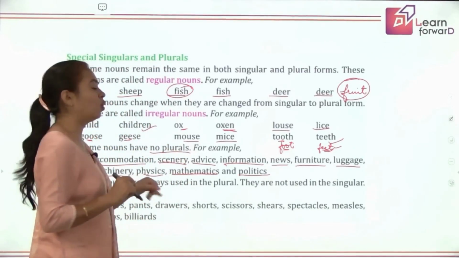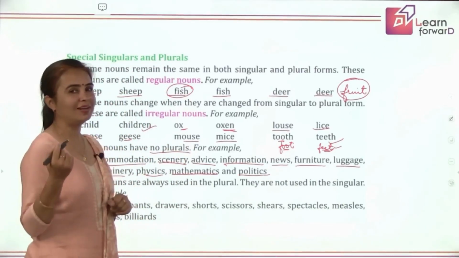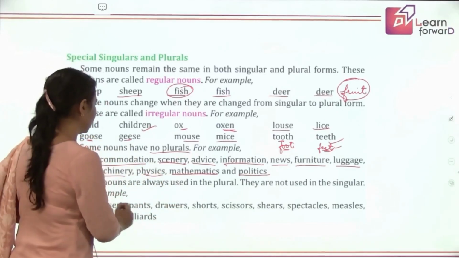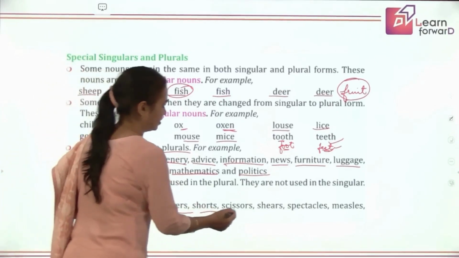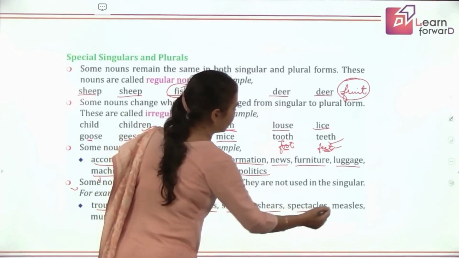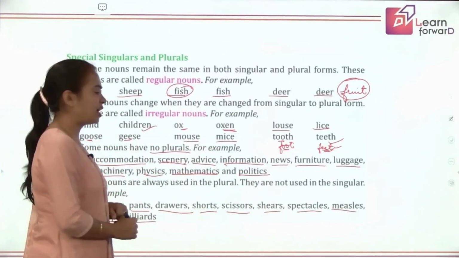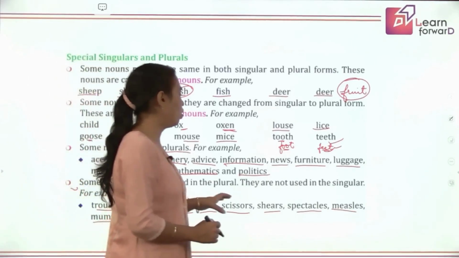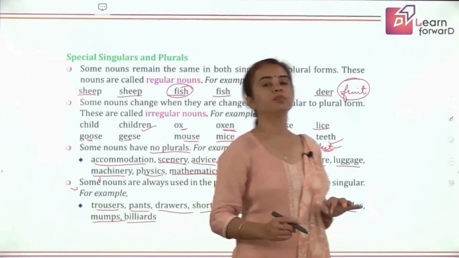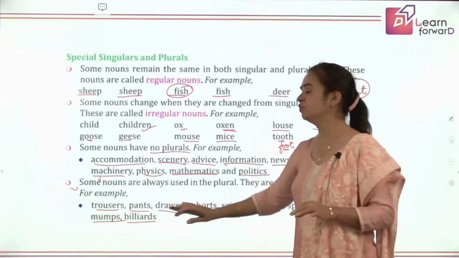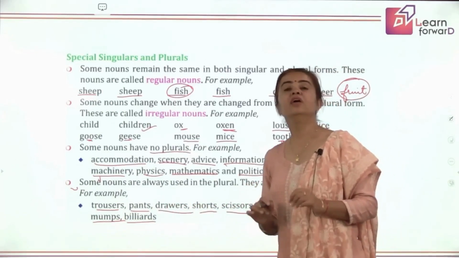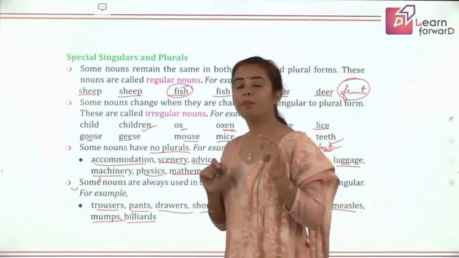Some nouns are always used in plural. How? Trousers, pants, drawers, shorts, scissors, shears, spectacles, measles, mumps, and billiards. So these are the words which are always used as plural, and most of these words are like we always use them in pair.